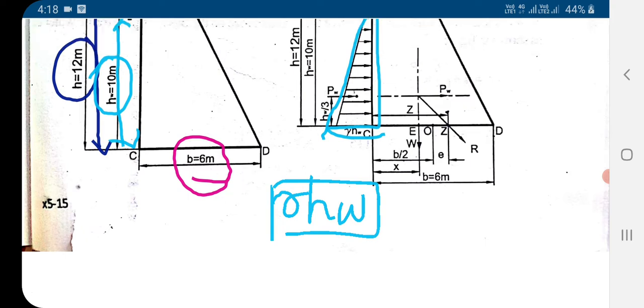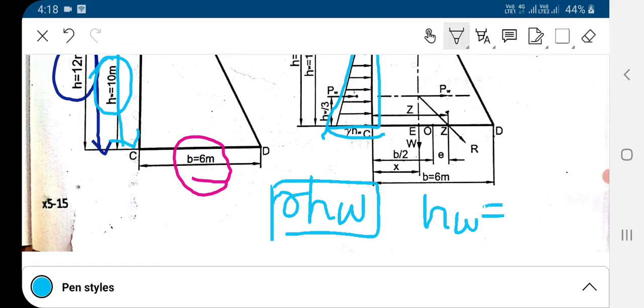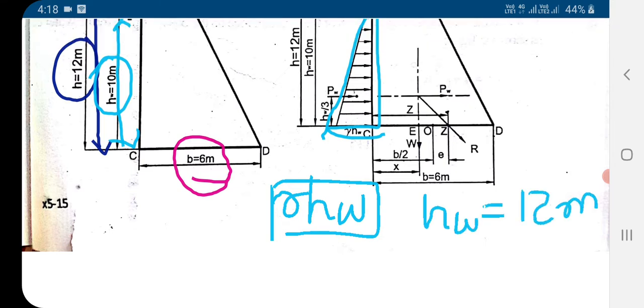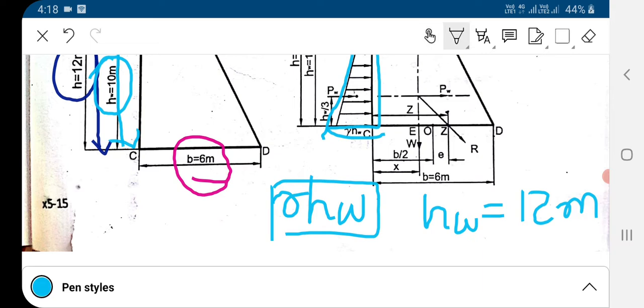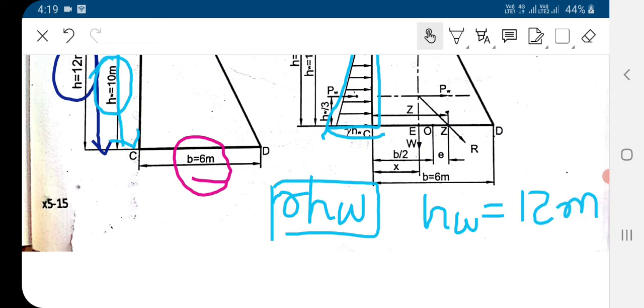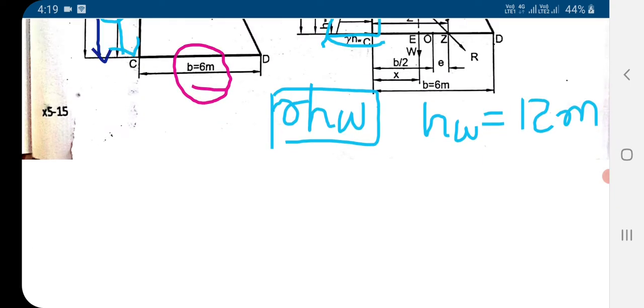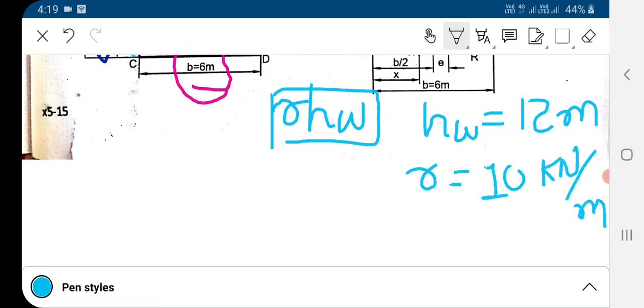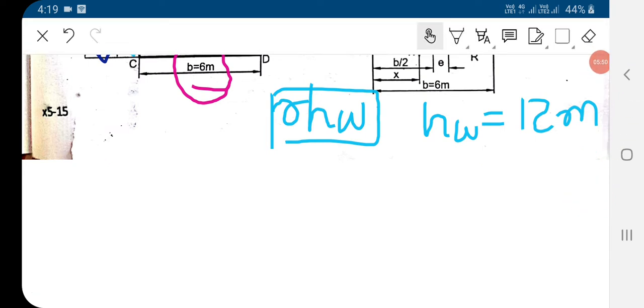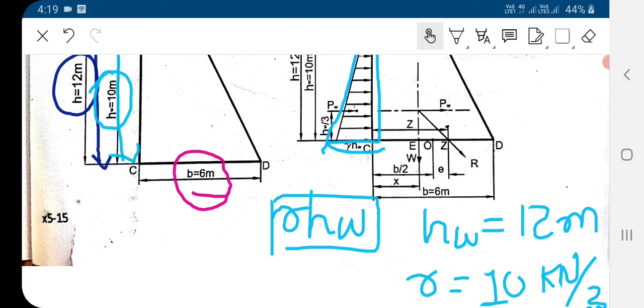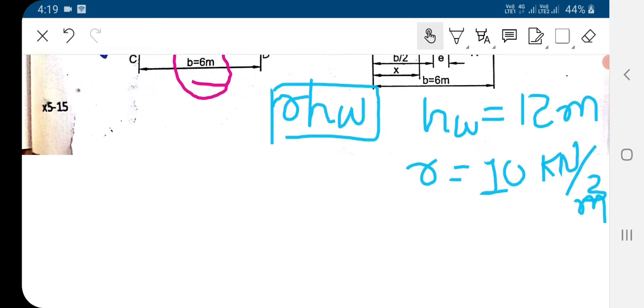So in this example HW we have to put as 12 meter. And what is gamma? That is the density of water. So in this example gamma, the density of water, we have to put as 10 kilonewton per meter cube.